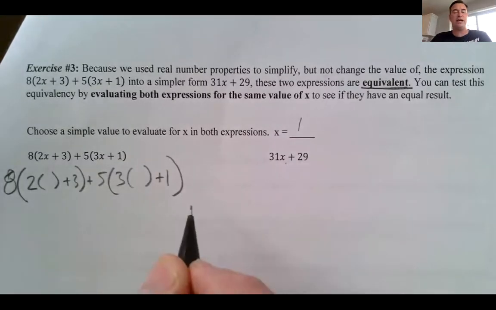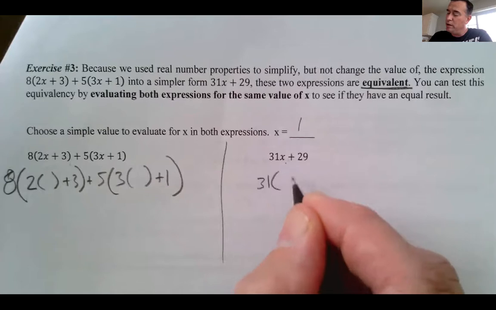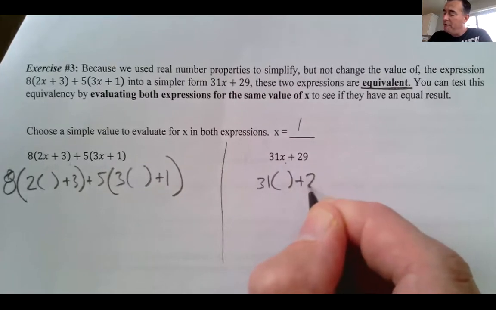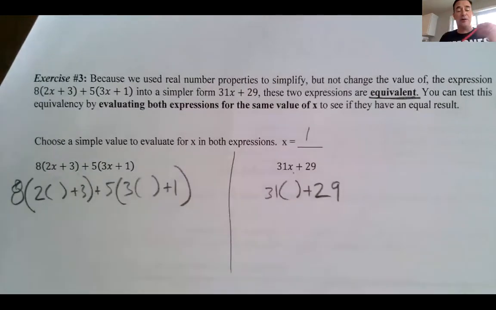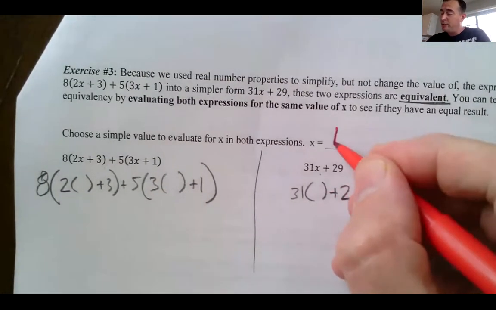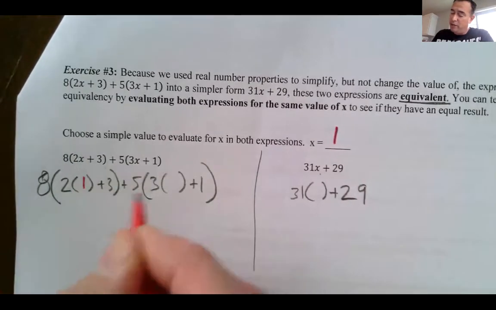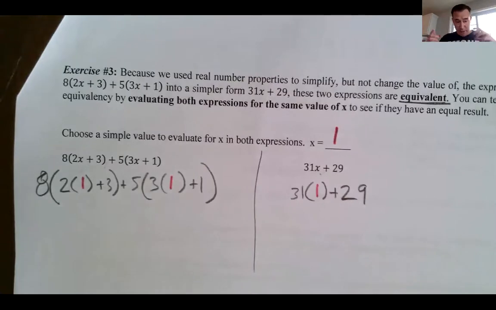So this is everything here, and because I'm doing them at the same time, I might as well do this as well. I now have a place to put my variables. So right now, x equals 1. Let's substitute that in every place that there is an x. Okay, so now we evaluate and see if they get to the same thing.